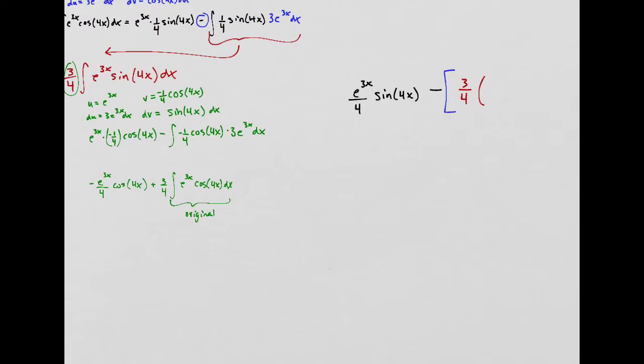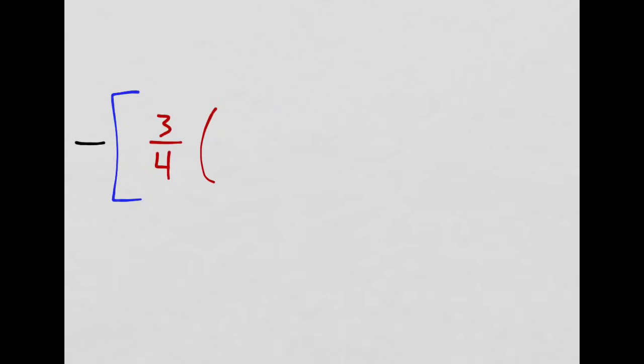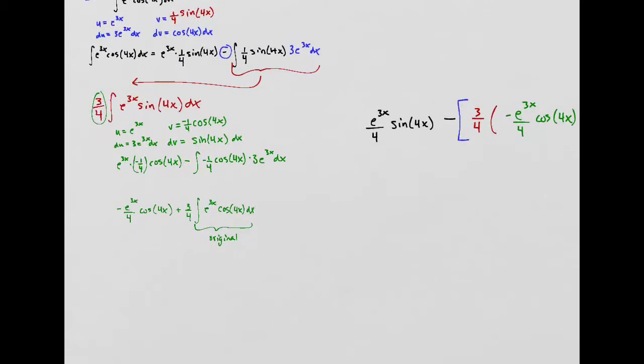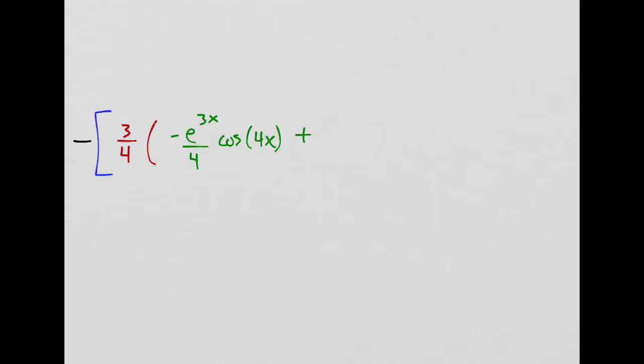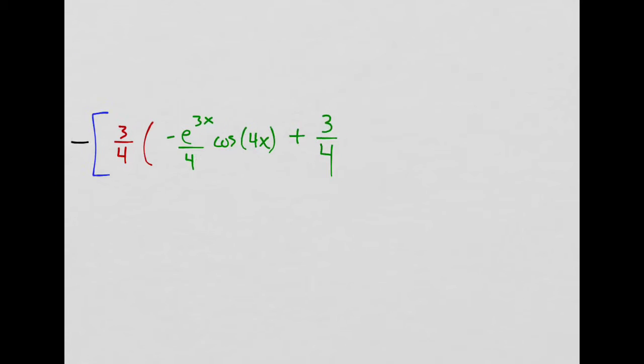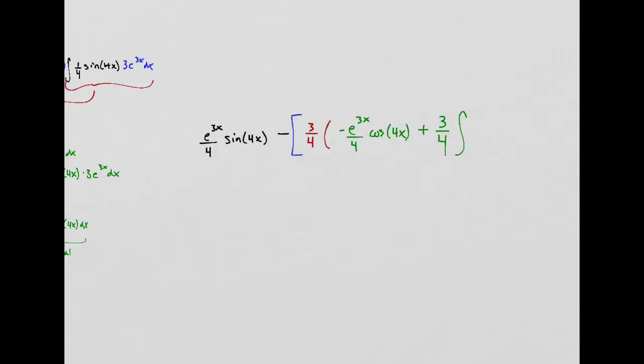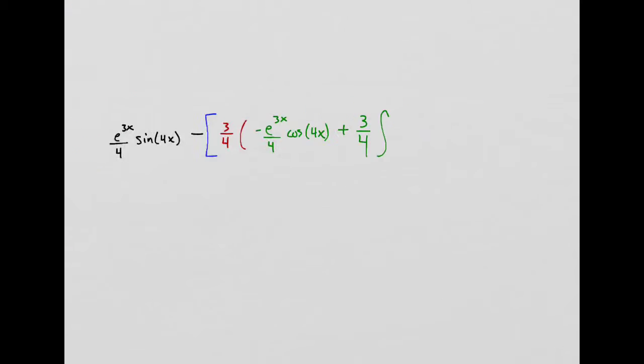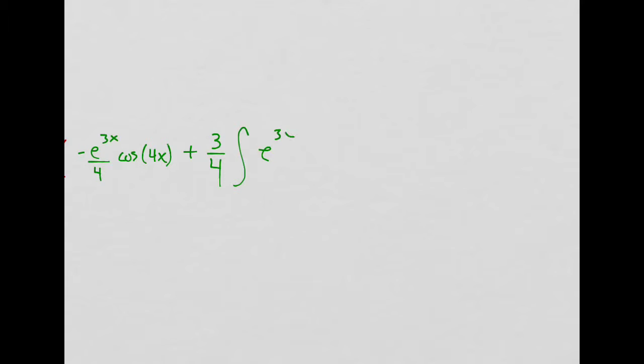Negative e to the 3x over 4 cosine 4x. Plus 3/4 times the original integral, which was e to the 3x cosine of 4x.